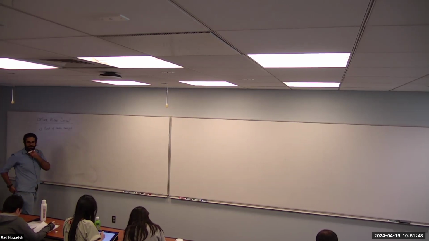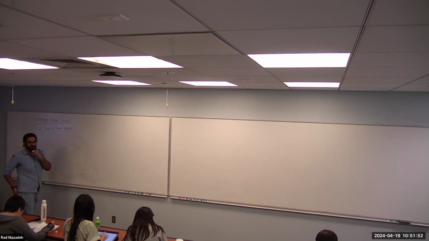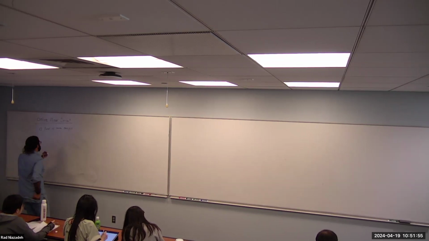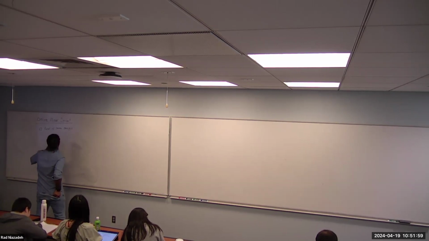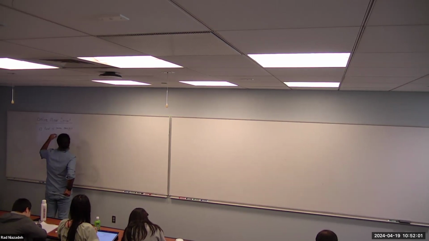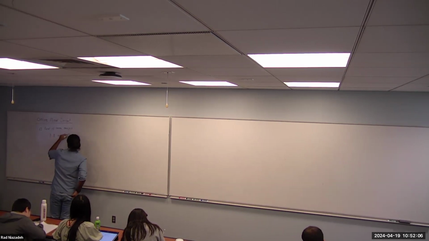Starting from the very first thing I wanted to talk about, the concept of norm and dual. So let's say this is the norm in R^d. I assume that everyone knows the definition of a norm.